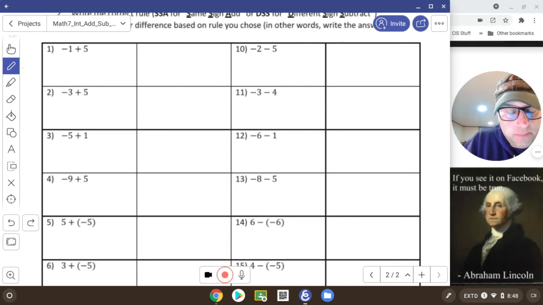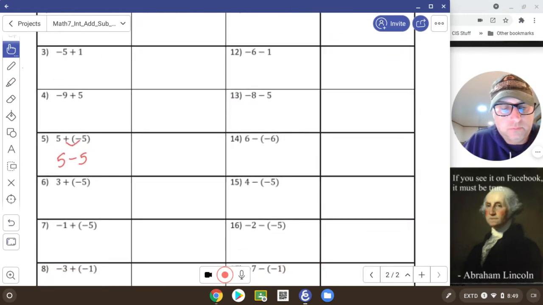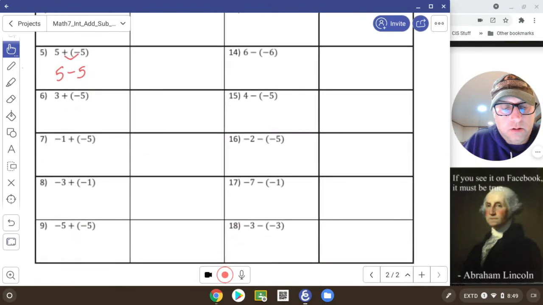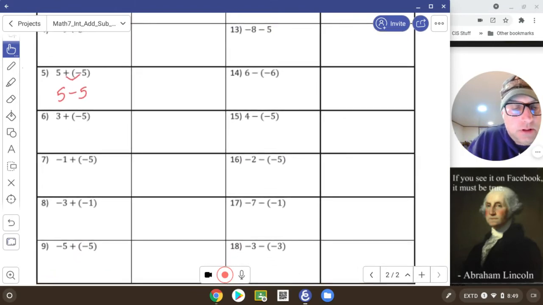Okay, now number five. Here we go. 5 plus -5. The rule that we went over earlier said if we see plus minus, it's just plain minus. So on this one, plus minus just becomes minus. Number 6, we'll scroll up so we can see the rest of them.